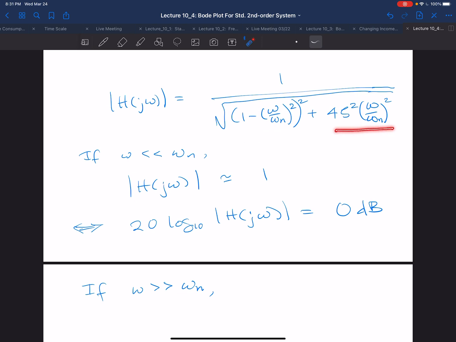Then over here we have (omega over omega n) squared multiplied by zeta squared, but zeta squared is always between 0 and 1, and then just multiplied by 4. So this term should be negligible in comparison with (omega over omega n) to the 4th, if omega over omega n is a large number, if you like. So we'll think of the denominator as just being the square root of (omega over omega n) to the 4th, which will just give us (omega over omega n) squared.